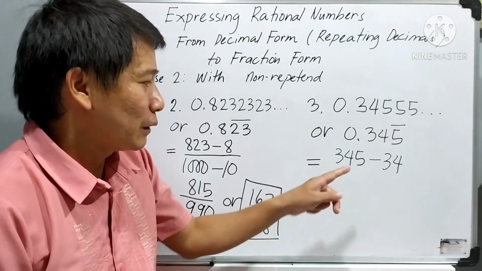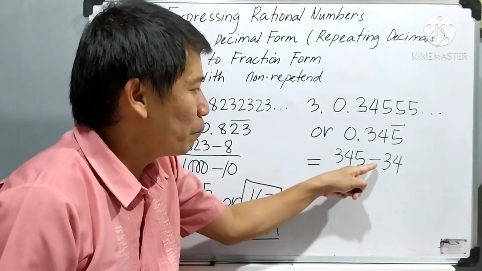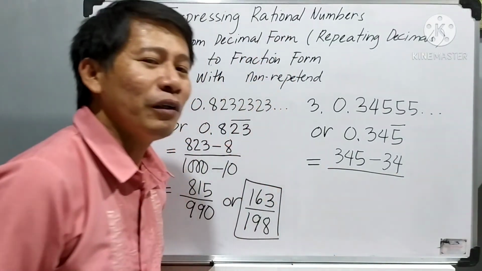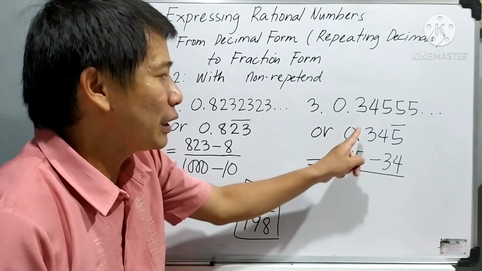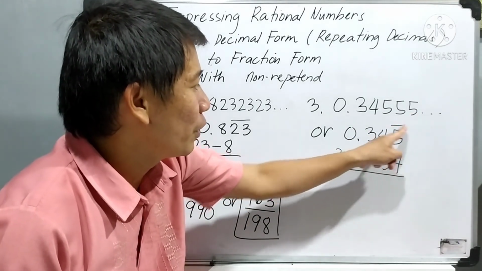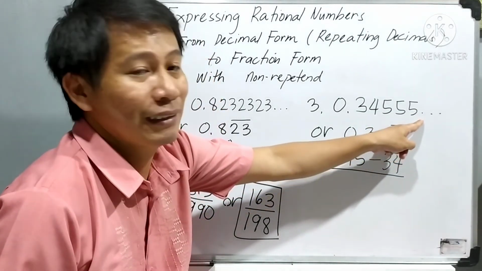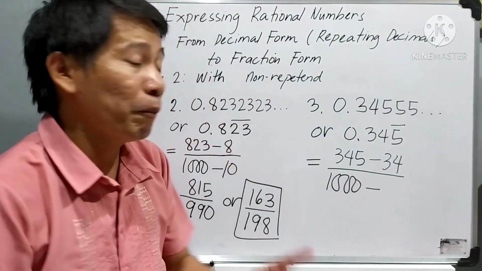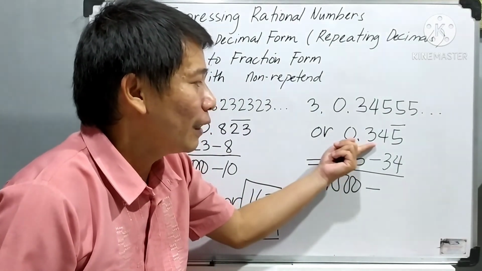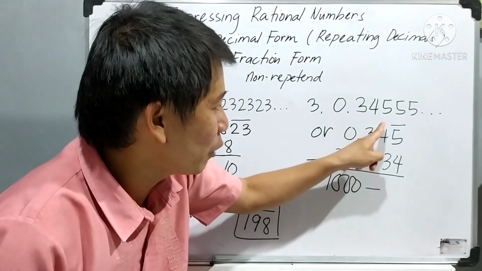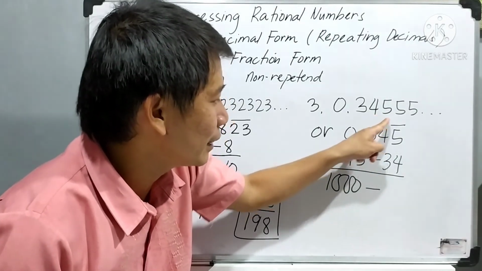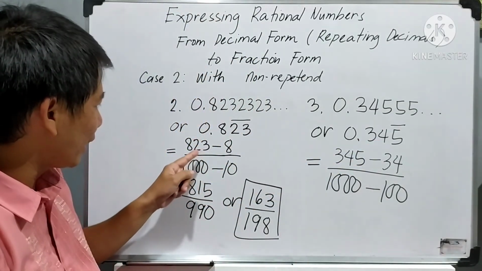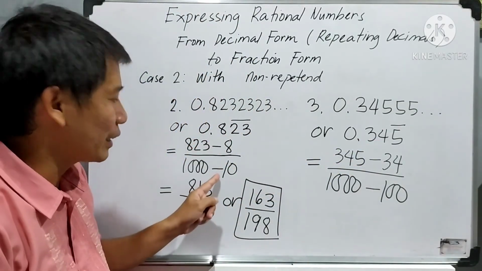Again, for the numerator, 345 minus 34. How about the denominator? What is our rule again? The place value of the last digit. What place value is this? Tens, hundreds, thousands. Therefore, 1,000 minus the place value of the non-repeated. Our non-repeated is 34. What is the last place value? Tens, hundreds. Therefore, minus 100. Because there are two digits. When there was only one earlier, it was just minus 10.